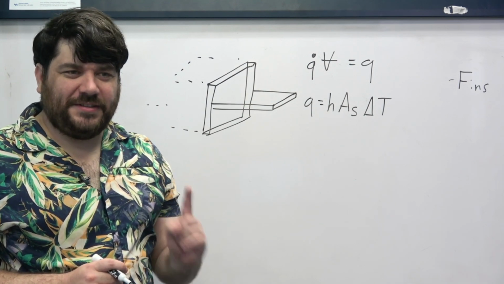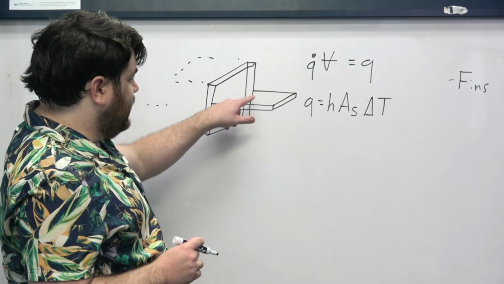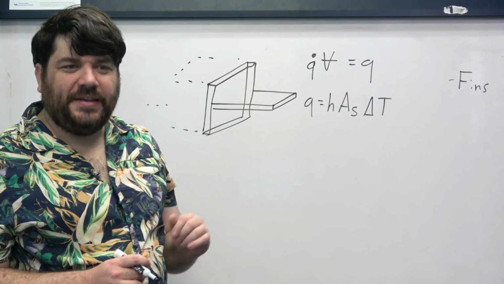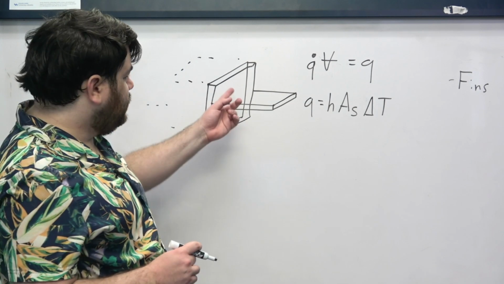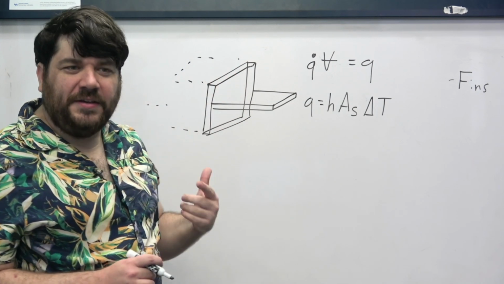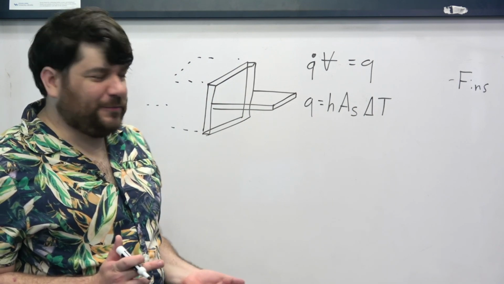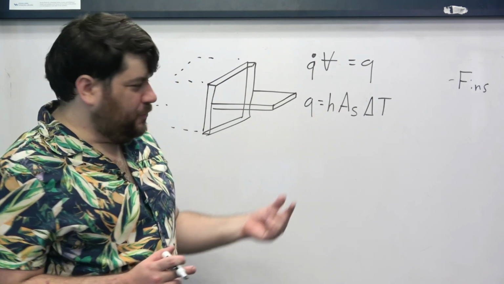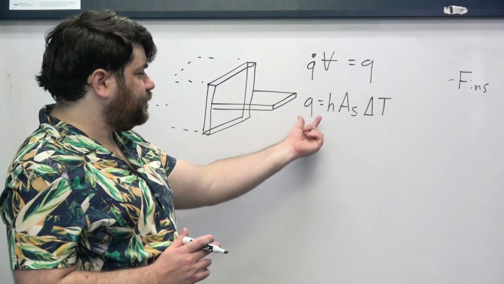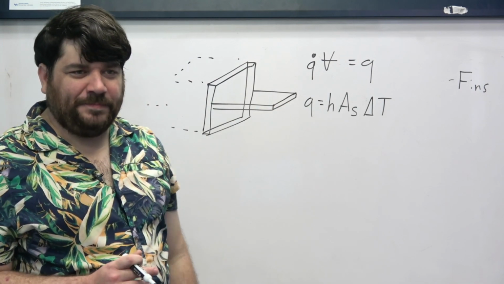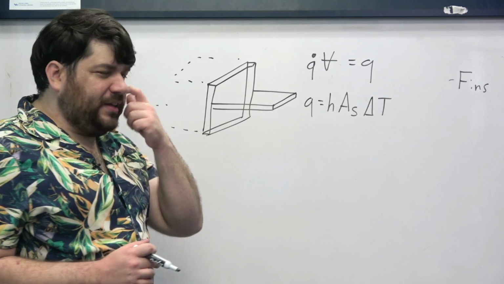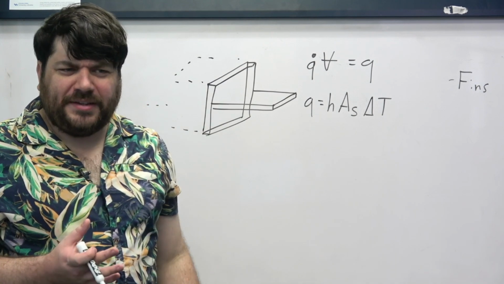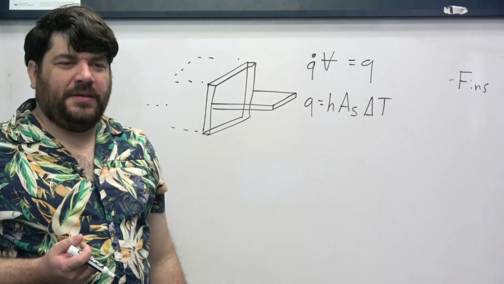And the reason that this is useful is because the addition of this fin gives this object more boundary surface area, which increases the value of this, which, hypothetically speaking at least, increases the value of this.